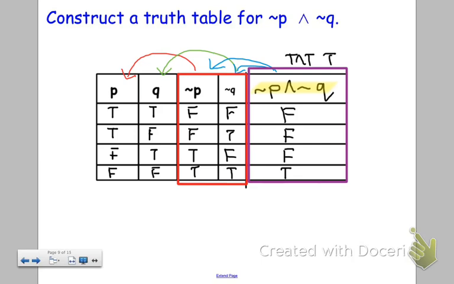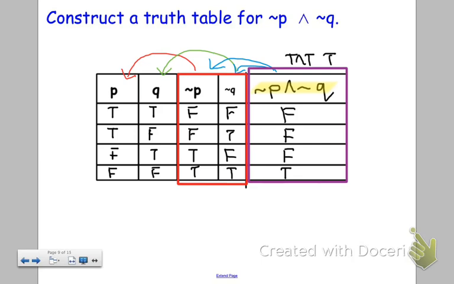Take a second to peek back at the previous example in your notes where we looked for negate the quantity P or Q. Notice that the last column of that table was false, false, false, true. The last column of the table we just constructed, not P and not Q, is also false, false, false, true. These two final results are the exact same results.